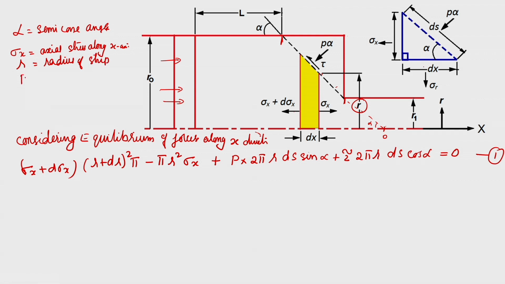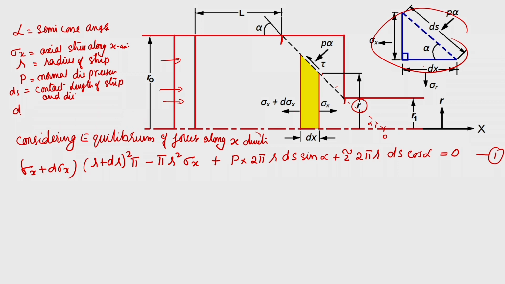P is the normal die pressure. ds is the contact length of the strip and die, and from this geometry we can find ds is equal to dr by sin alpha, is equal to dx by cos alpha.